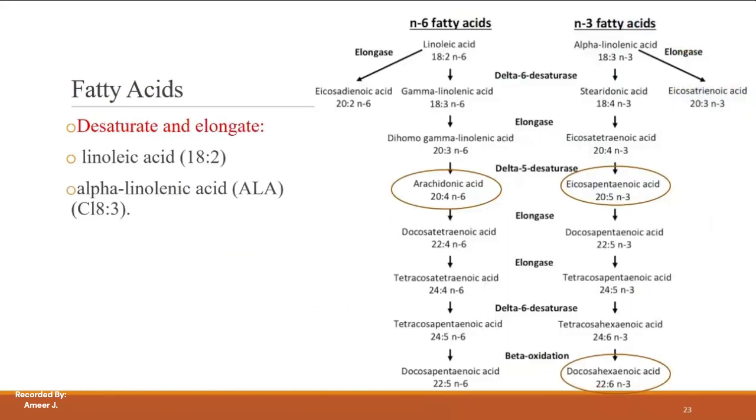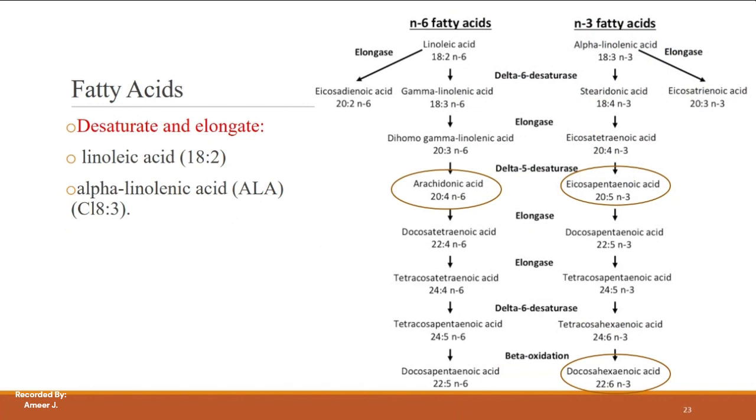The next topic is the process of producing fatty acids from each other, the role of desaturation and elongation. As you can see in the picture, two enzymes play a role in it, desaturase and elongase.